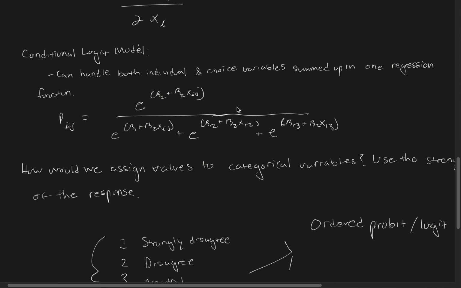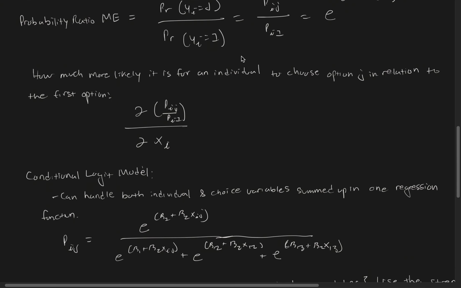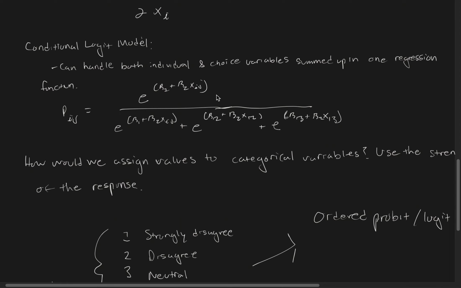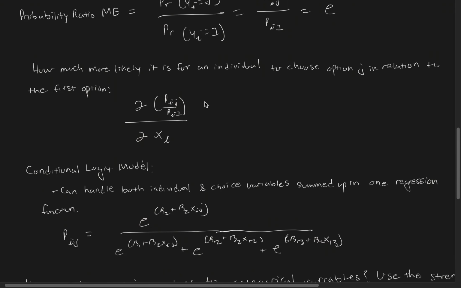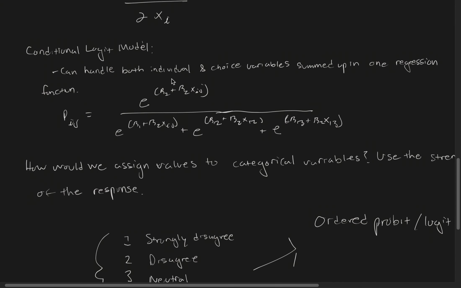Whereas in the conditional logit, we don't have to say our individual chooses option 1, then what will happen? We just generalize it and sum it up in one regression, focusing on what would be the effect regardless of what choice our individual chooses. So we're not comparing our individual choice from one to the others. We're just saying what is the general function of these individual choices, these behavioral differences determined by different individuals.